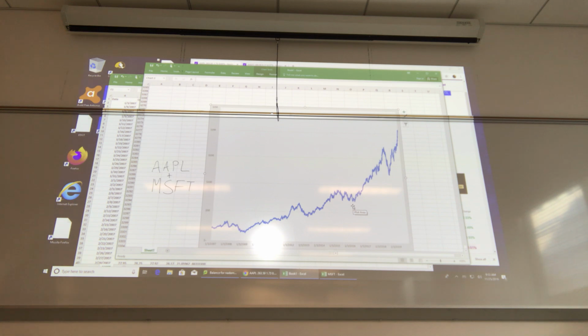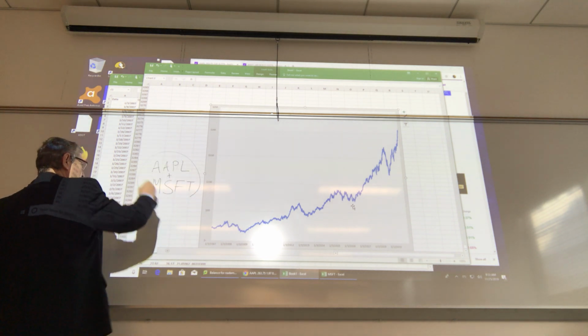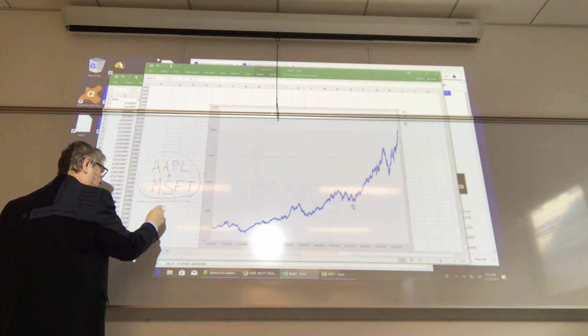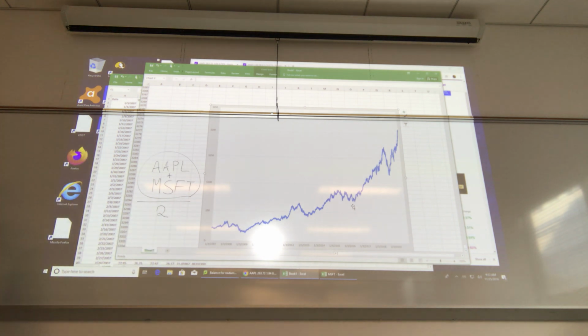If I do that, and I want to graph them together with the two stocks, I will have completely different scale. If I want to have things on a similar or comparable scale, I would take this together and I will divide it by 2. And I will have the average of these two stocks.